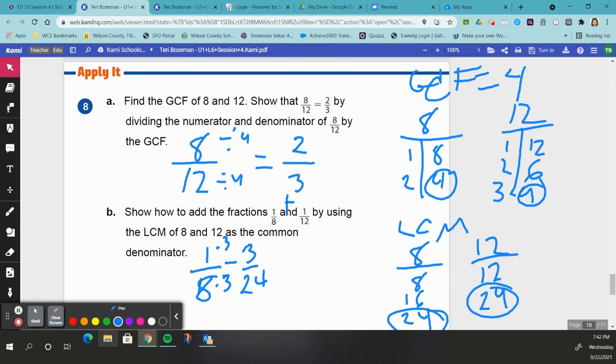And then if I'm looking at 12ths, I'm changing that to 24ths as well because I want my fractions to have the same name, the same denominator. 12 times 2 would be 24, so I do that to the top as well. 1 times 2 is 2. So I have 3 24ths and 2 24ths for a total of 5 24ths. So that is what it was asking you to do on number 8.